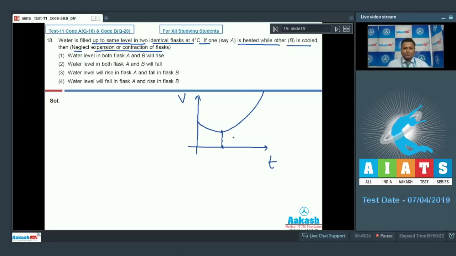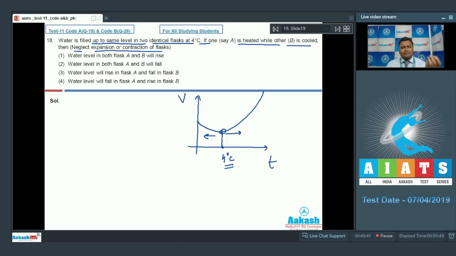And it is clear to all of us that at 4 degree temperature, water shows anomalous behavior. Means if we go above 4, volume increases, or if you go below 4, volume increases. Means at 4 degree temperature, density is maximum, volume will be minimum.